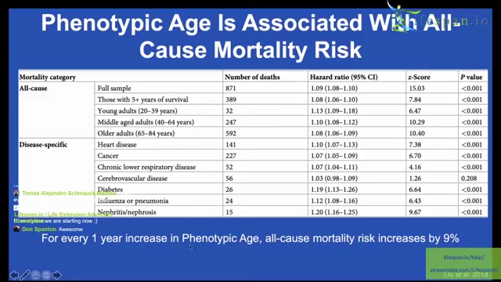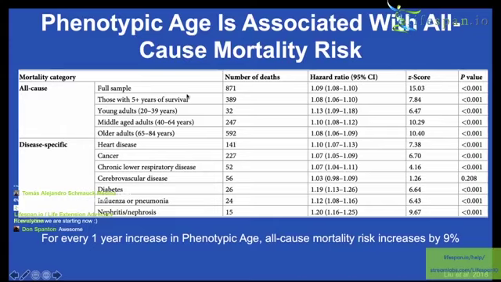So why is it important besides its ability to predict biological age? The combination of those 10 variables is also associated with risk of death from all causes, also known as all-cause mortality risk. For every 1 year increase in phenotypic age, or your biological age, all-cause mortality risk increases by 9%.